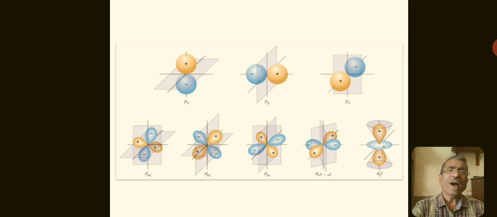This is another diagram explaining the same thing. The top three are for the p orbitals and below them are the d orbitals. The p orbital has one nodal plane, whereas the d orbital has two nodal planes, or two nodes.